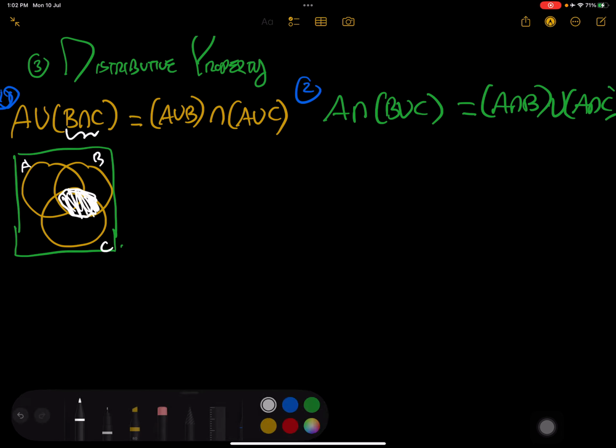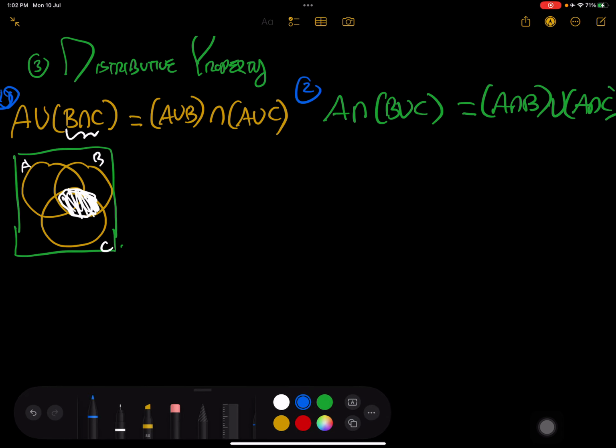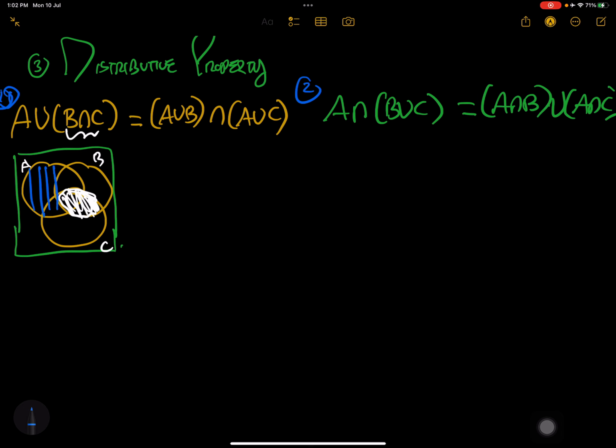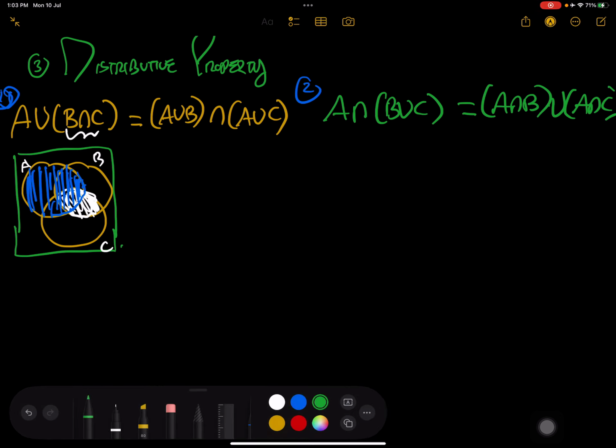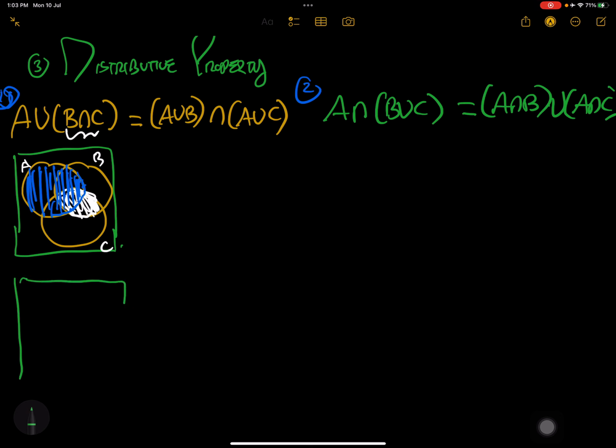But where's set A? Set A is this region. This is the whole of set A, the blue region. We're shading it because this whole thing here is set A. So we are shading everything with blue.